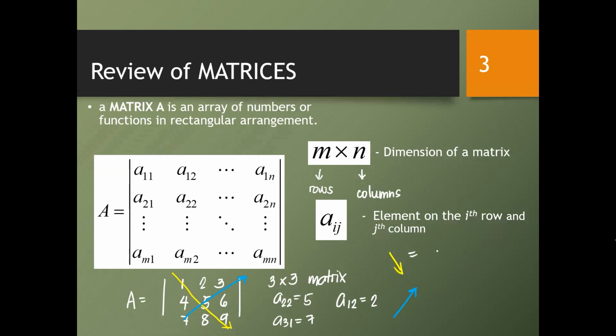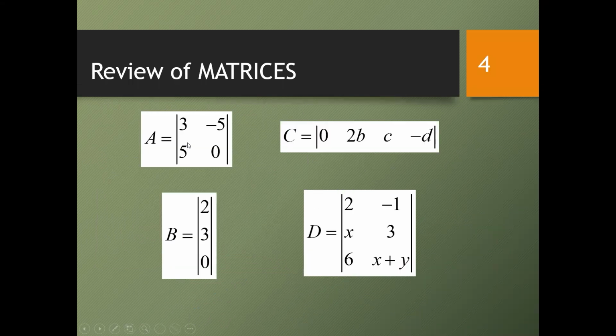So this one is what you call the main or primary diagonal. And then this is the secondary diagonal. Let's go to the next.